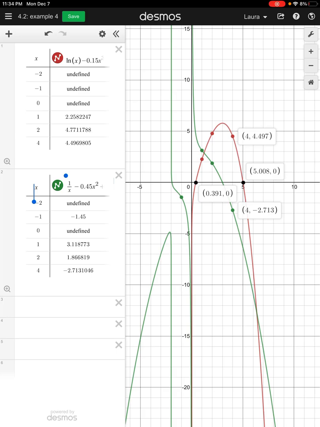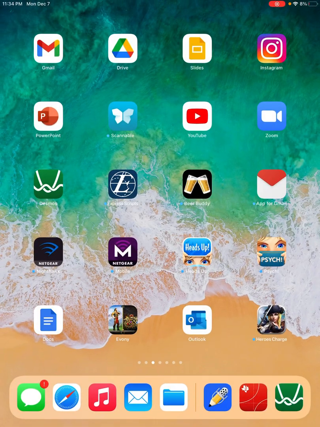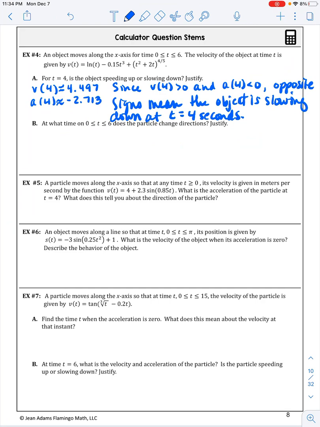Okay, so we're going to say that that's where that velocity is 0.